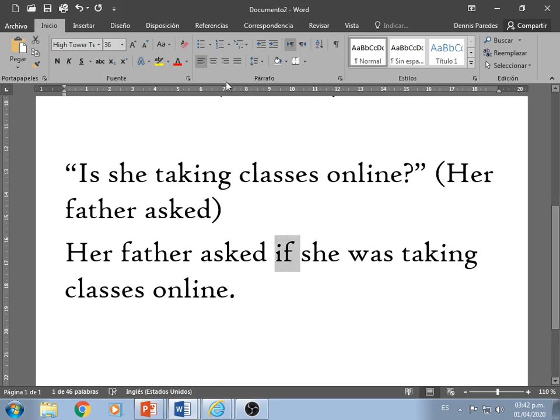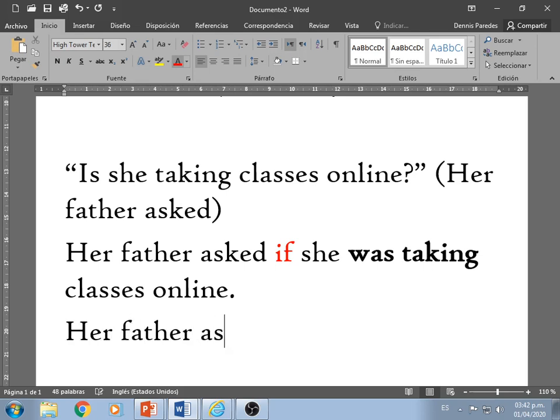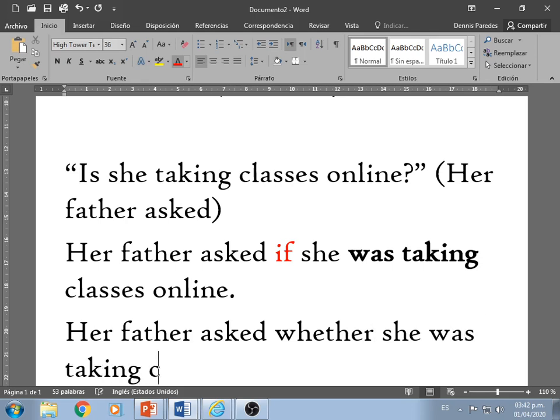And if you see here again, we're using if, and in the case of the verb, that changes into was taking. And if you see the structure, we have subject, verb. Now, in the case of whether, her father asked whether she was taking classes online.